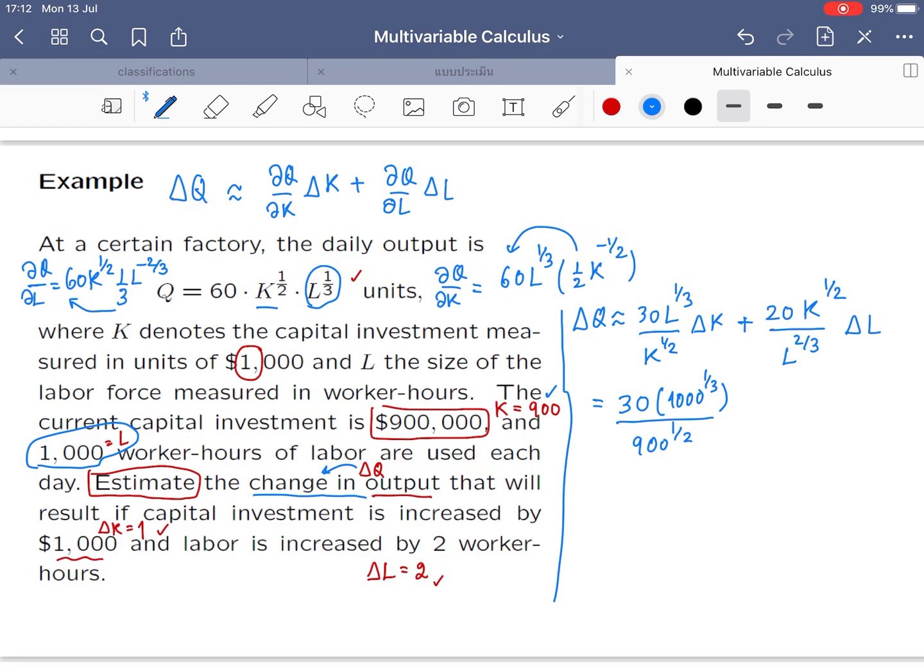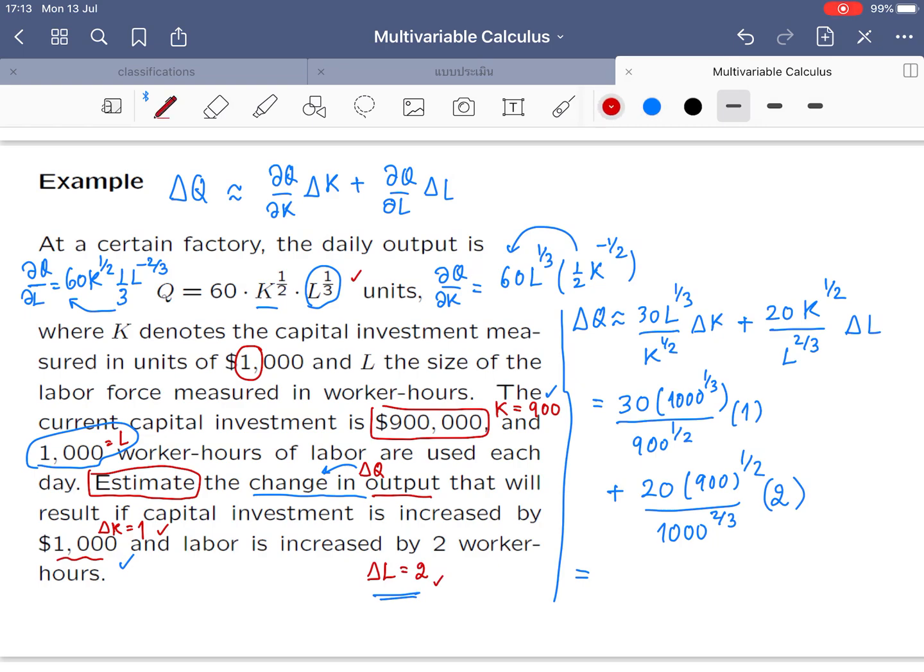Your delta K now is only 1, and then this one 20, your K again is 900 raised to the power 1/2, your L is 1,000 raised to the power 2/3, and the delta L that you want to increase is 2. Then you just do a calculation.